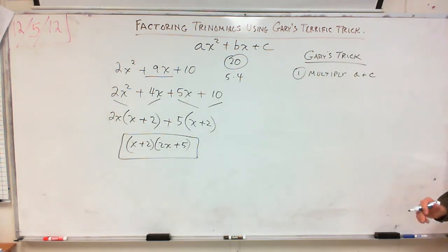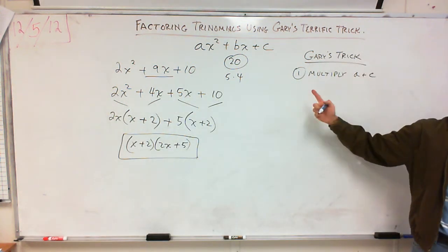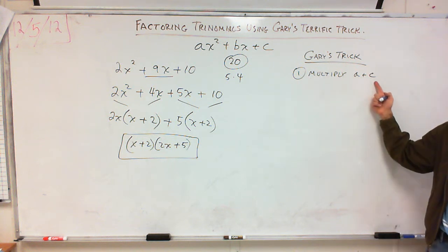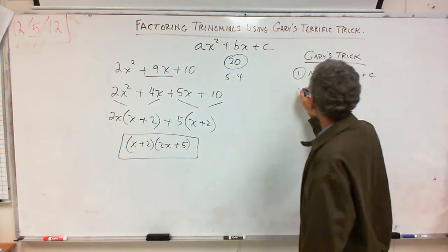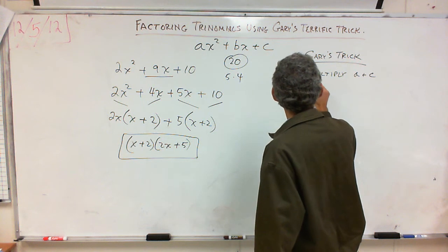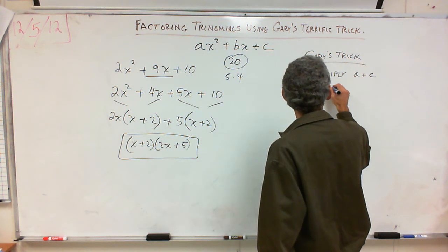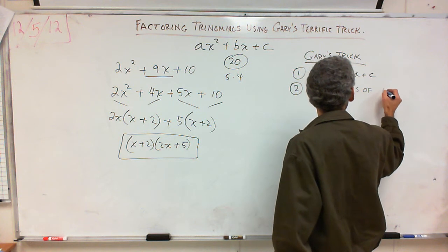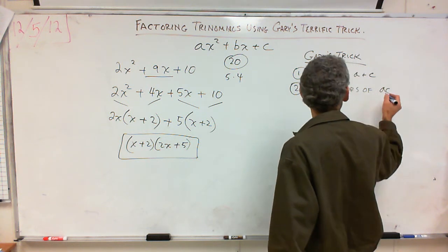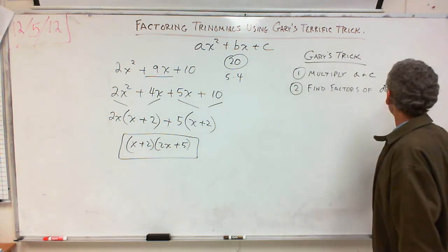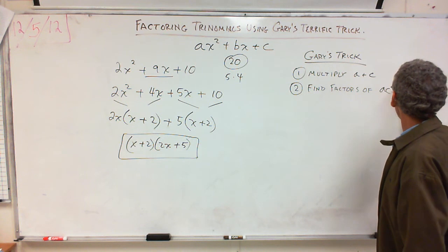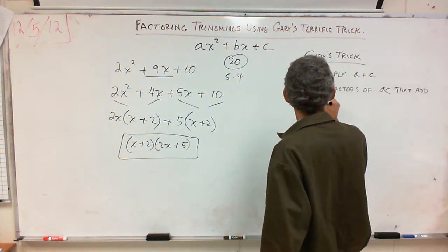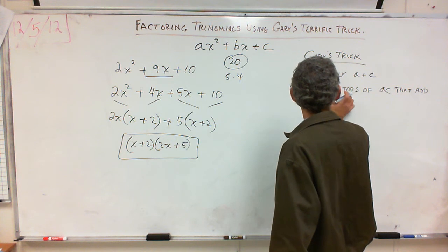Isn't that cool? So let's review our method. One, we multiply A times C. Two, find factors of AC, A times C, that add to the middle number.